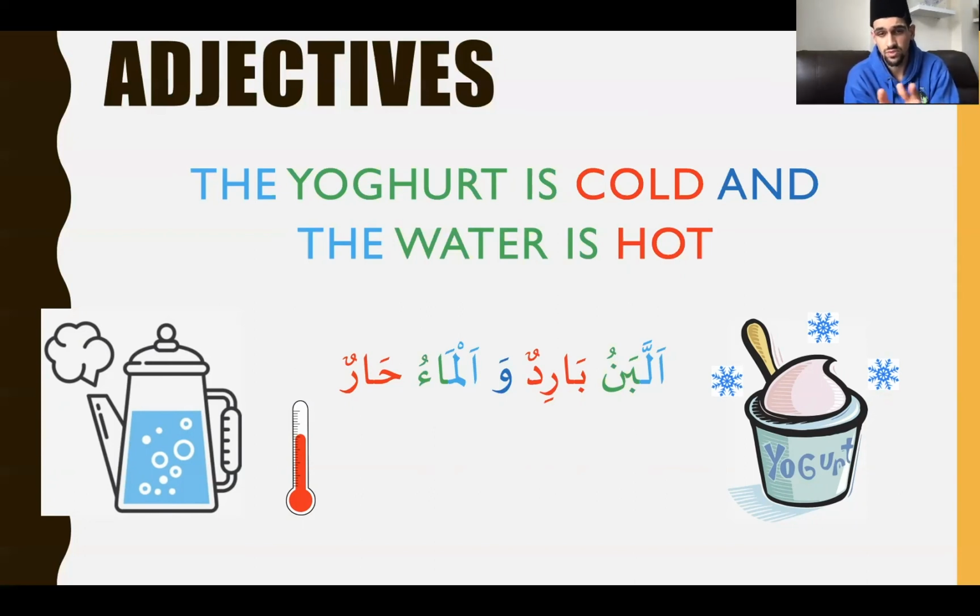With this particular example, we can see that on the top of lam, there is shadda. So meaning laban has been combined with alif lam, meaning al-labanu. So that's why there's no shadda, for example, on the next word, which is al-ma'u, because lam and mim are two different letters. But when the letters are the same and they come together, you'll have a shadda. So al-labanu baridun wal-ma'u harun.